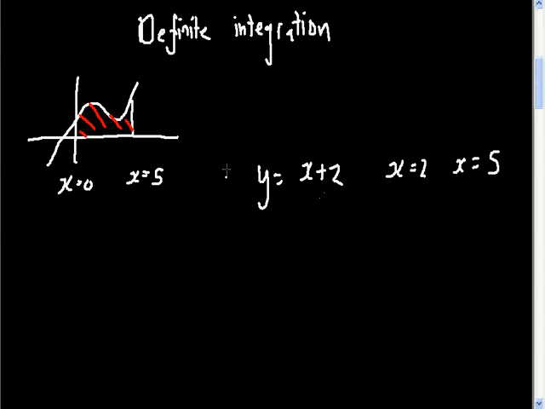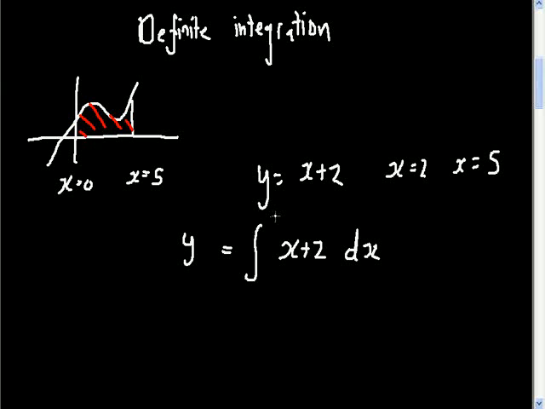Now the symbols you use to show that you want to integrate this and do the definite integration between x equal to 2 and x equal to 5, this is how you use the symbols. You say the integral of x plus 2, and you put a dx.